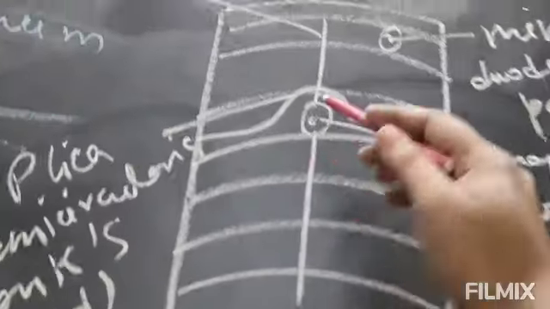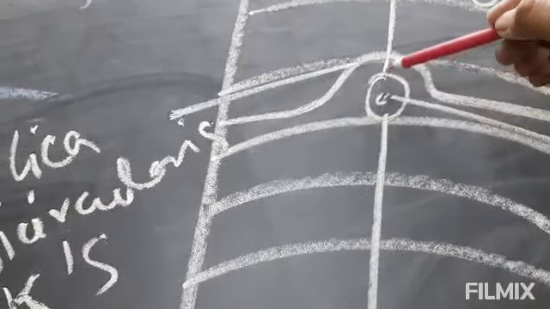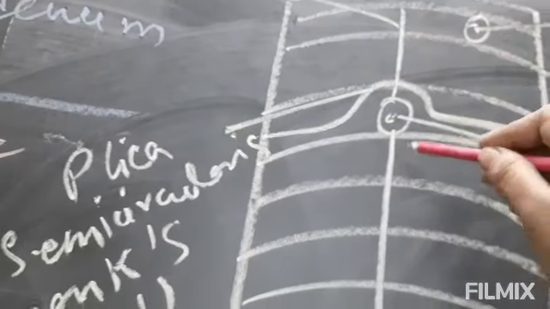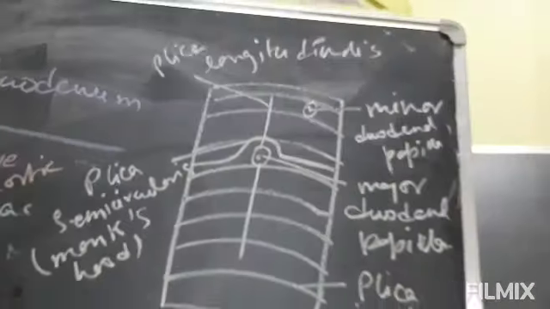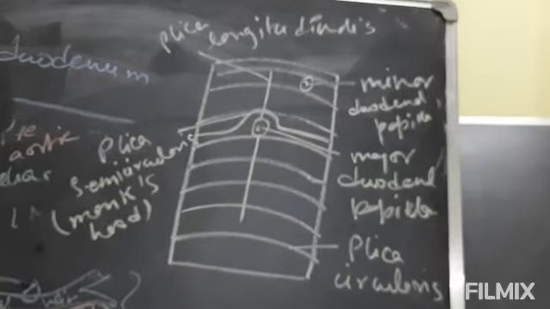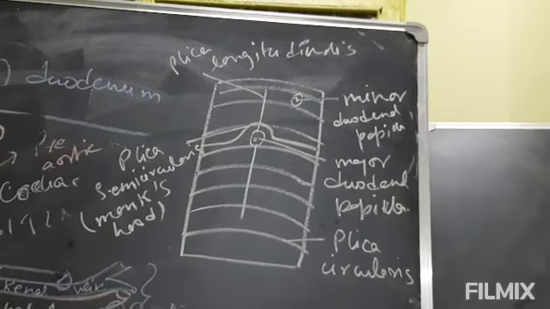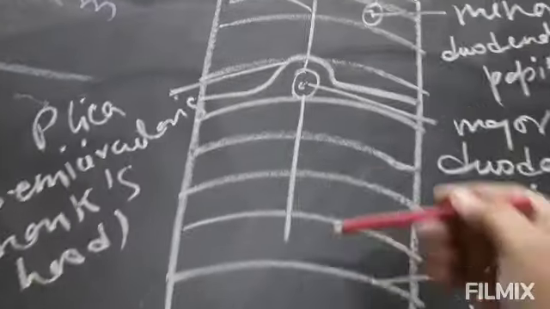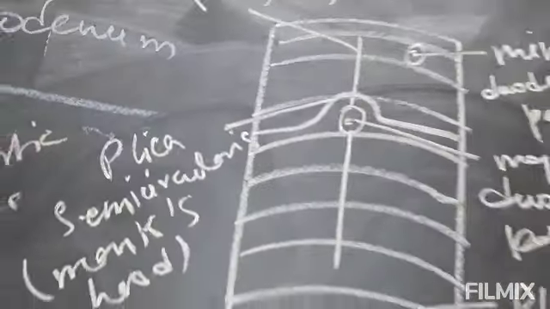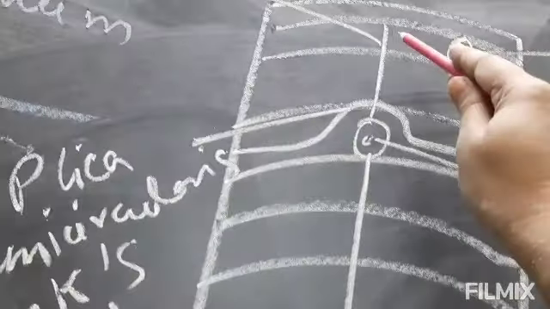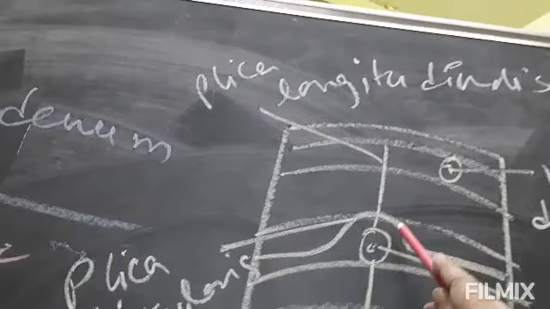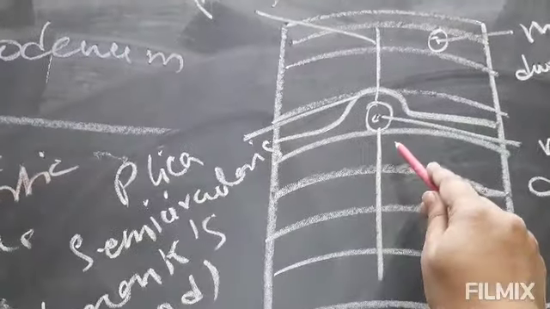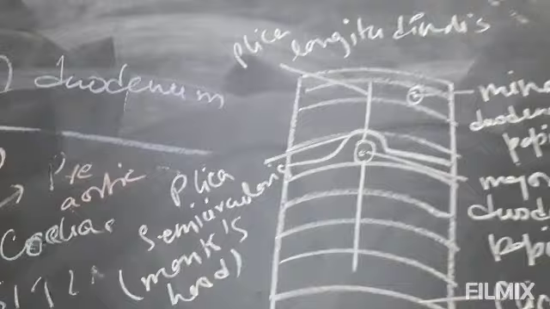Now you will see a longitudinal structure running above the major duodenal papilla and below the major duodenal papilla. This longitudinal fold is known as plica longitudinalis. As it is running above the major duodenal papilla, this will be the plica longitudinalis superior, and if it is running below, then this is known as the plica longitudinalis inferior.